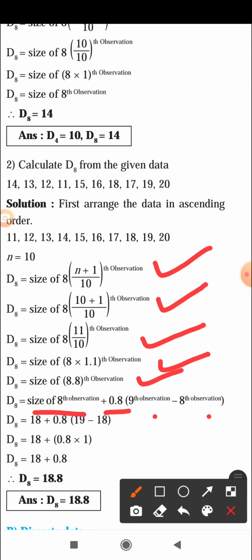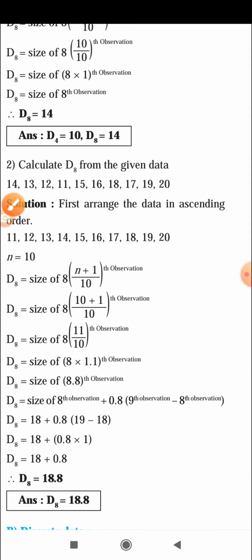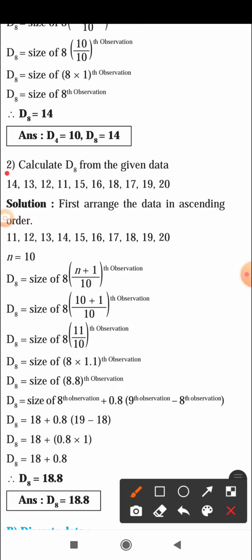So 8th observation is first, second, third, fourth, fifth, sixth, seventh, and eighth.